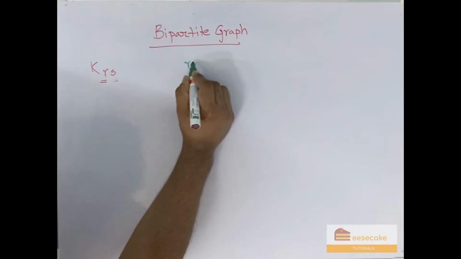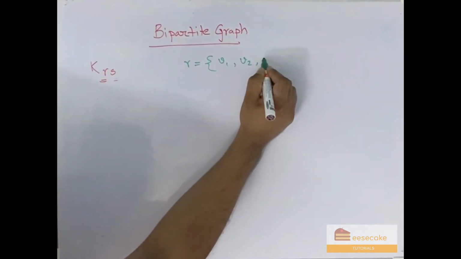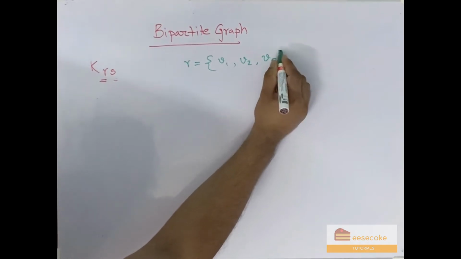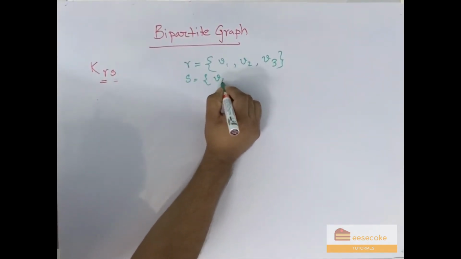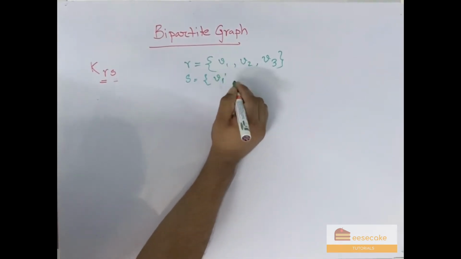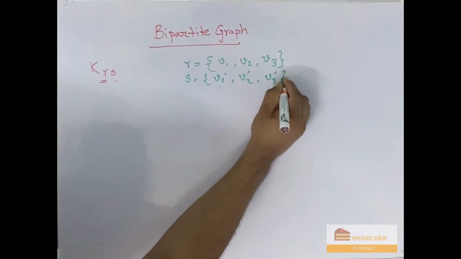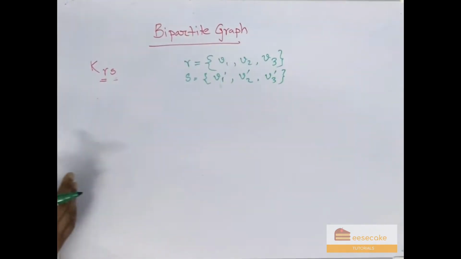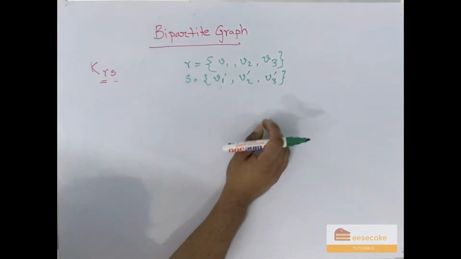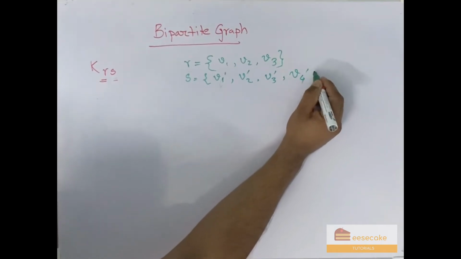Say R is a set of vertices V1, V2, V3, and S is a set of vertices V1 dash, V2 dash, V3 dash. It doesn't mean that there has to be the same number of vertices. It can have a different number of vertices.